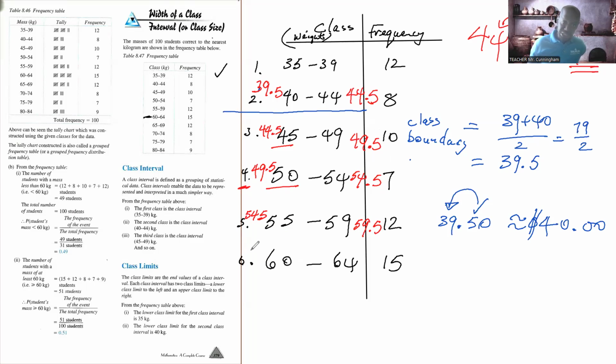So the last one, Kiara: the lower is 59.5 and the upper 64.5. All right. And number 1 will be 34.5, and this will be 39.5. These are called the boundaries of each limit.